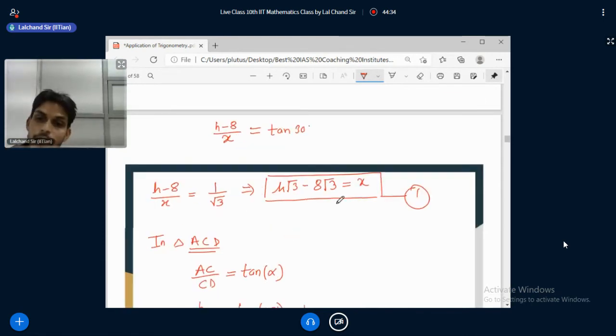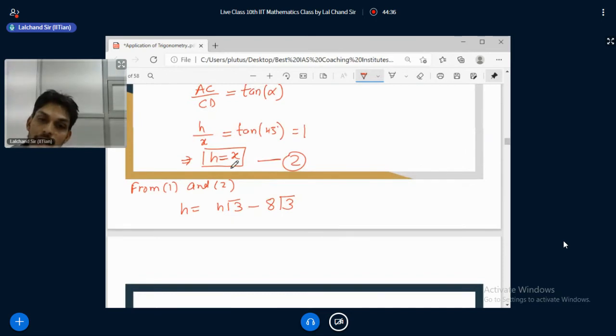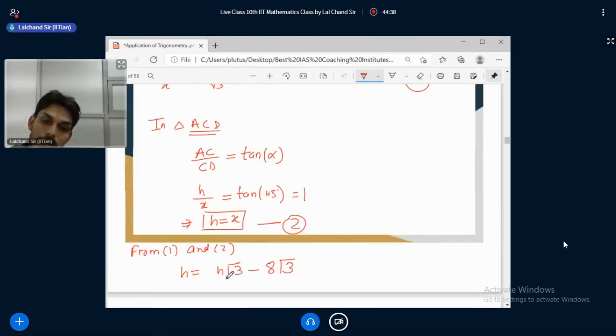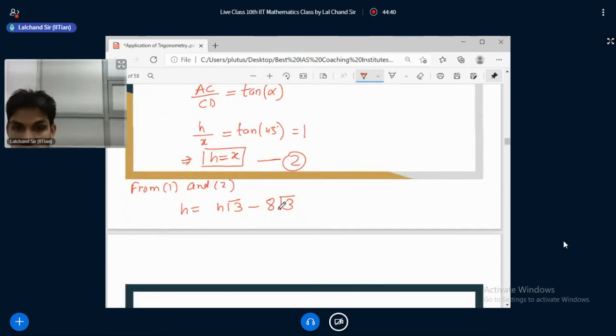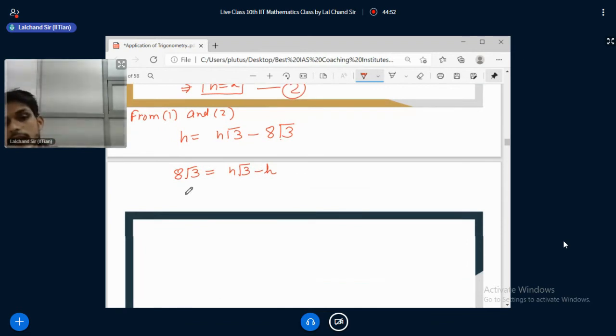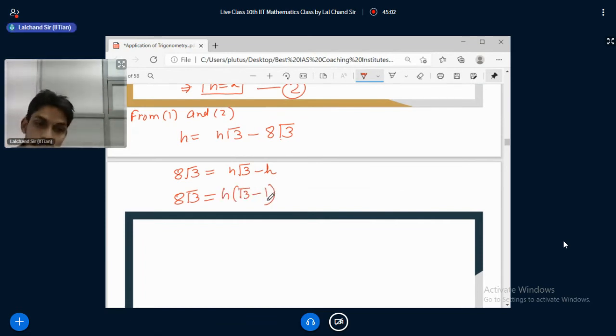Okay, if we look at this equation and this equation, we are equating the value of x. Okay, so if we transfer this to this side, then we have 8 root 3, that is h root 3 minus h. If we take h common, then we have 8 root 3 equal to h times root 3 minus 1.